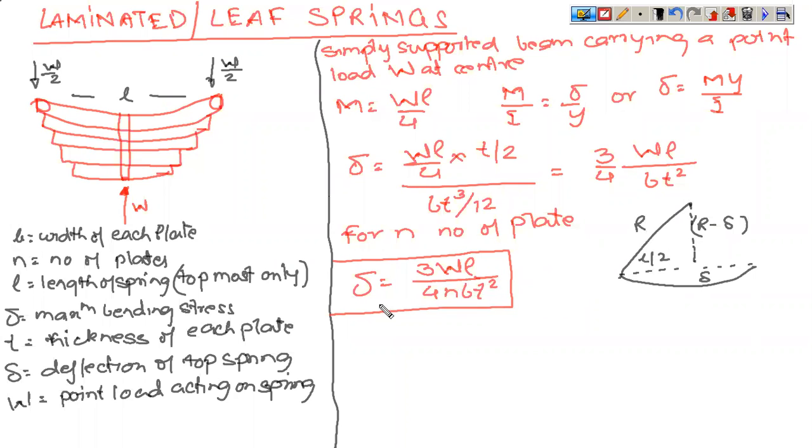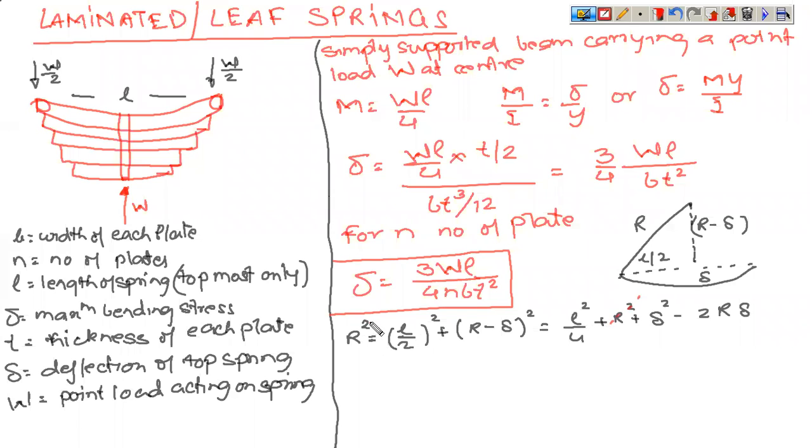So if you apply Pythagoras theorem, you can say that R square is equal to L by 2 whole square plus R minus delta whole square. So this can be written as L square by 4 plus R square plus delta square minus 2R delta.